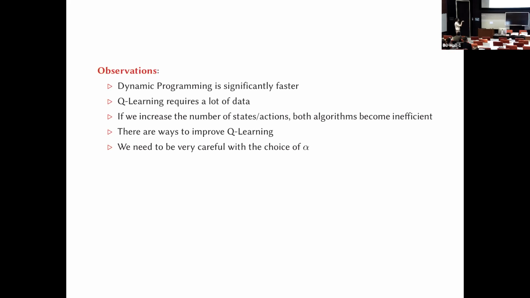One observation that I made when I tried to implement this: this is a really basic example, this optimal investment problem. It's pretty much as simple as it gets. You still have to be very, very careful with the choice of learning rate. If you choose the wrong learning rate, this will not converge. That's kind of obvious, because we have this convergence result for specific choices of alpha, but these are theoretical results.